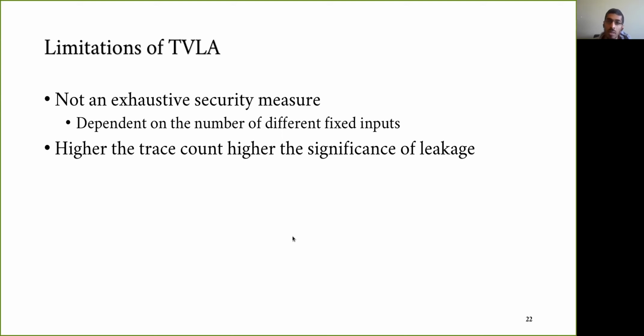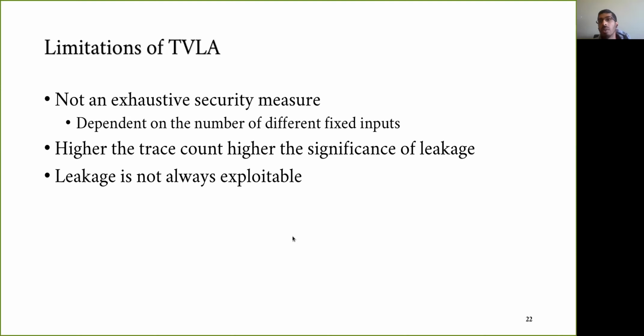And the trace count is significant to the leakage too. If you have a very low trace count, the differences might not be significant, so you won't see them. If you use a higher trace count, then you would start to see the leakage. And leakage is not always exploitable, as I explained earlier.